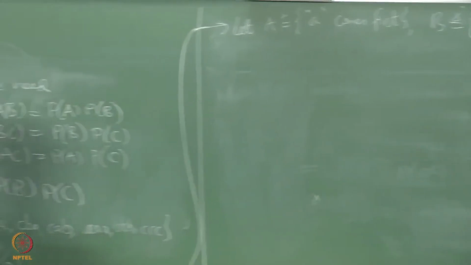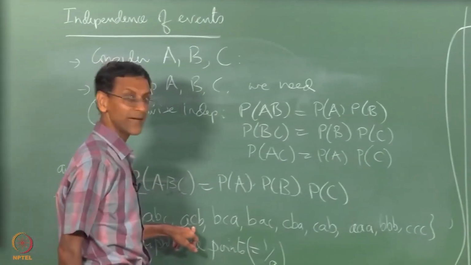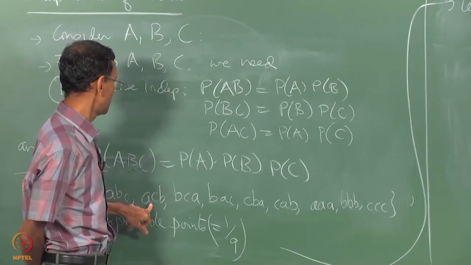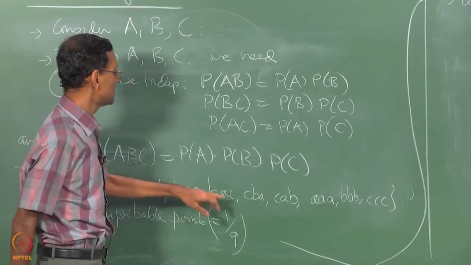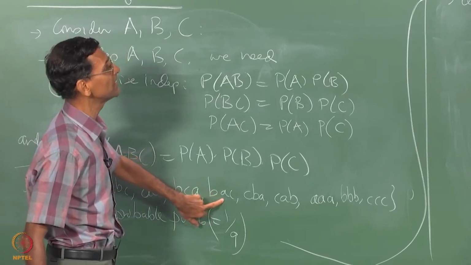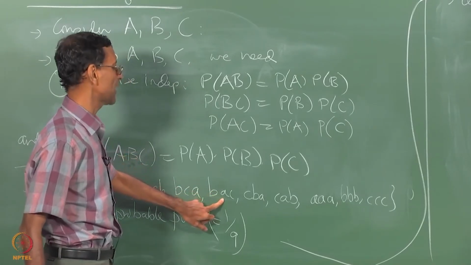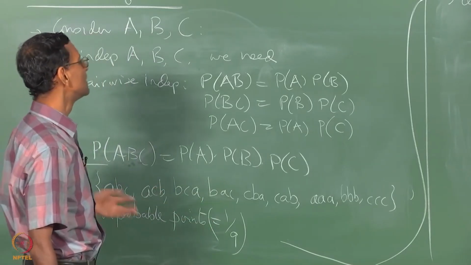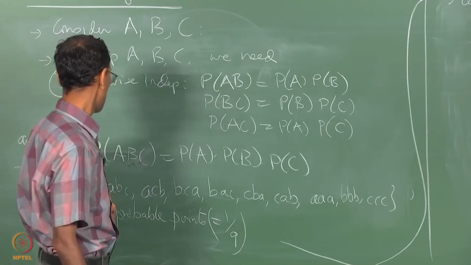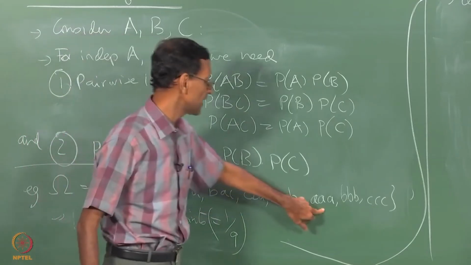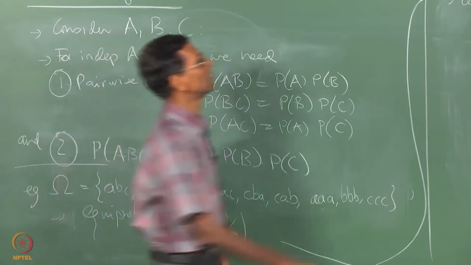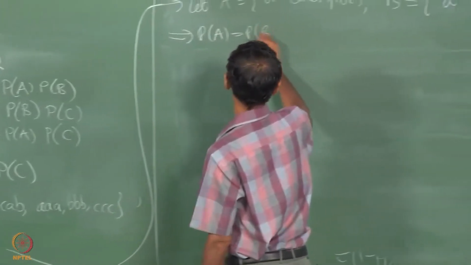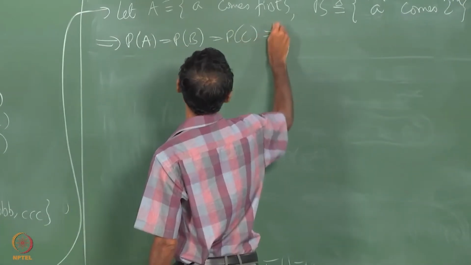So, for example, if I pick this string, then my event A has happened because A has come first. If I pick this one, then the event B has happened, because A has come second. But what is the probability of the event A? It's clearly 3 by 9, so P of A will be equal to P of B will be equal to P of C is equal to 1 by 3.